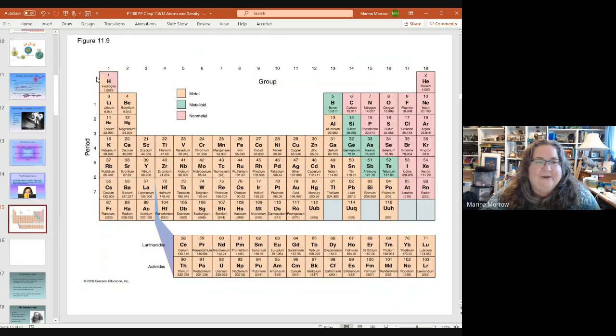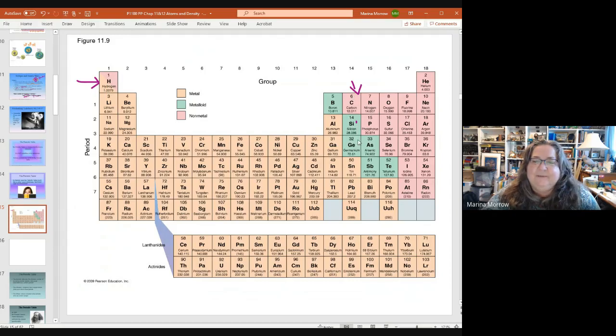Okay, so the periodic table has a lot of interesting things. One of the reasons it's called the periodic table is it has periods. Periods are these rows, and the idea is that as you go along, properties reproduce periodically. So carbon here, number 6, and silicon have very similar properties.